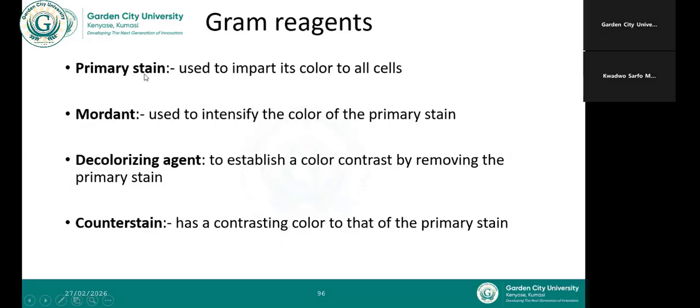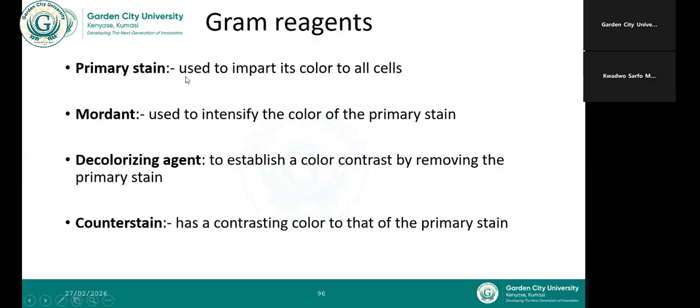So it forms a complex between the primary stain and the iodine so that they can bind readily to the cell wall. Then decolorizing agent, you try to remove the stain from the first one that you applied.